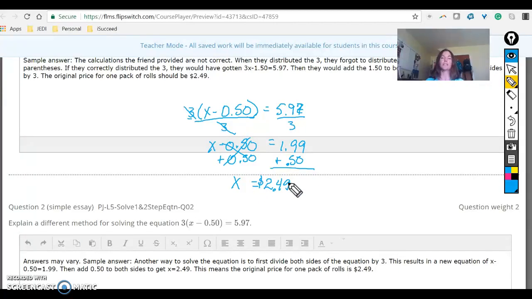So for the different way of doing this, you could just type out the math if you want, or you could just explain that rather than distribute the 3 through the parentheses, your first step could be to divide both sides by 3, and you would end up with the same cost of $2.49.